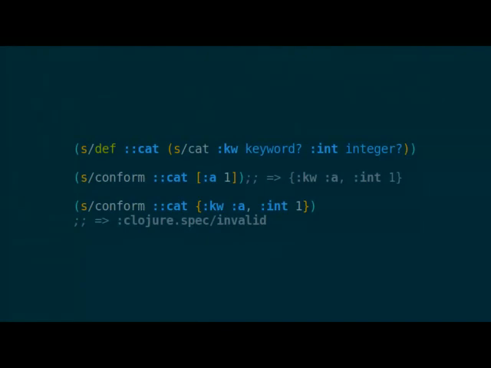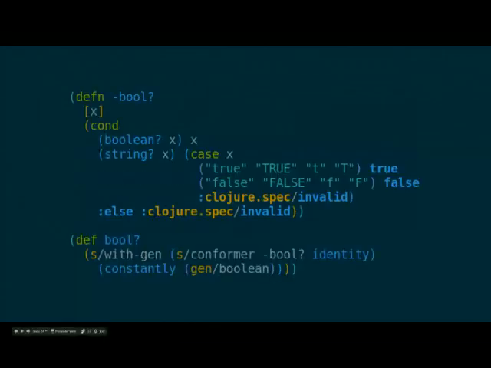Whereas here, we get data, we conform it, and what we get back is no longer valid data. It no longer adheres to the specification. This cropped up again and again when I was trying to make my conformers coercers, to the point where I gave up. And now we're going to break into the bit which I just made up this morning, because I realized that perhaps I was wrong.